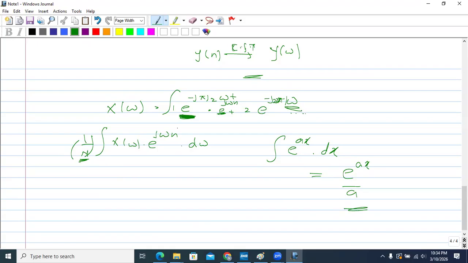Like this, you will get some terms here. Then you need to apply the limits of omega from 0 up to something. So you will have some terms with the n value. That is also not much difficult.